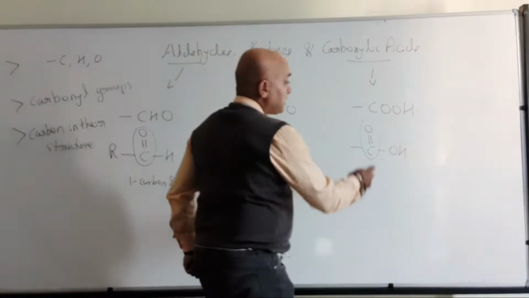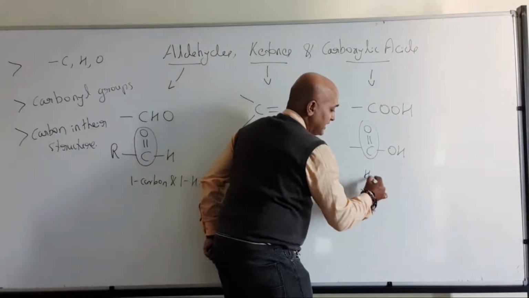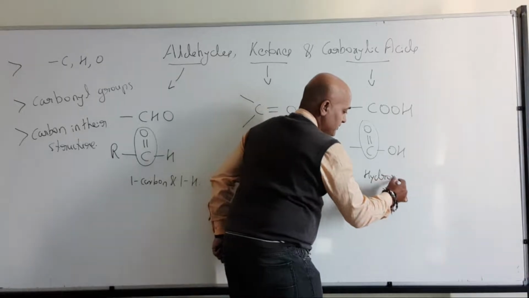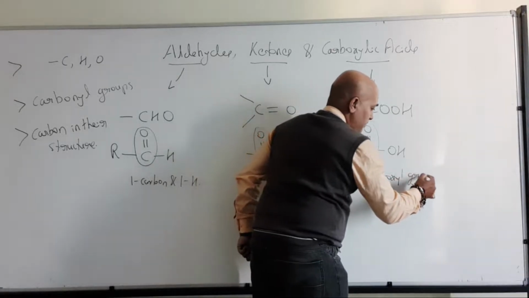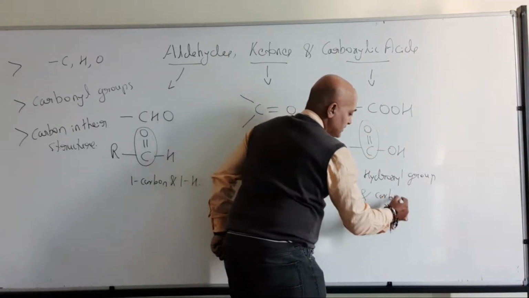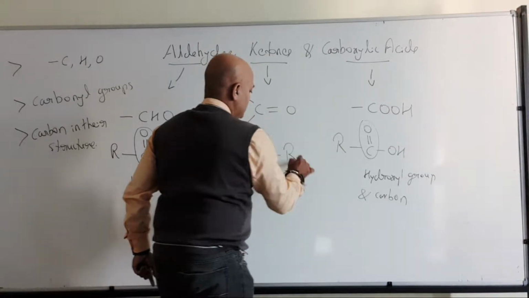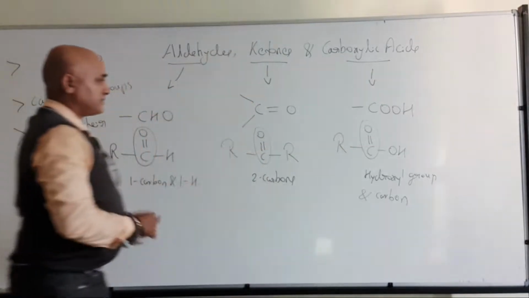When it comes to carboxylic acid, the carbonyl carbon is attached with a hydroxyl group and carbon, because there is R. So here also I will make it R.